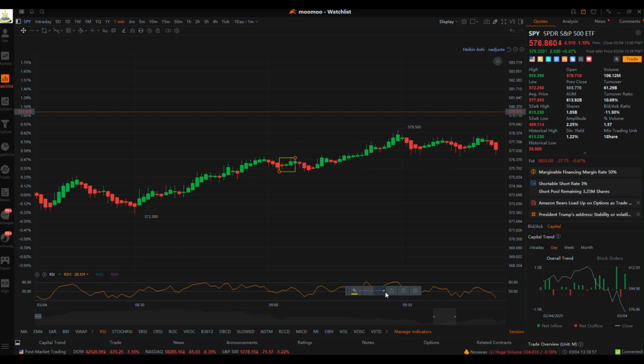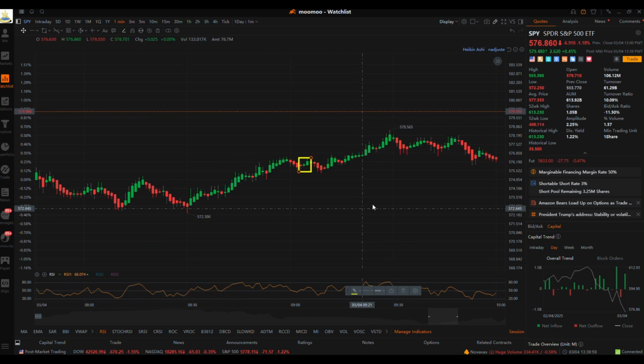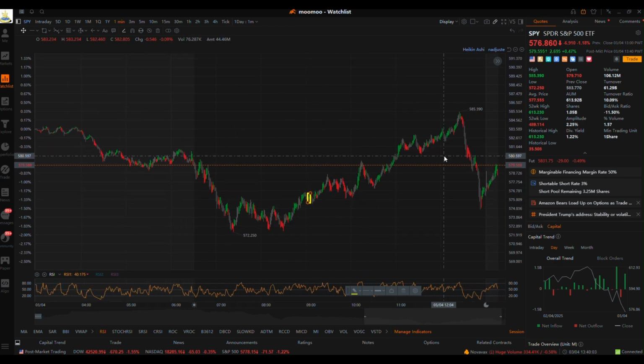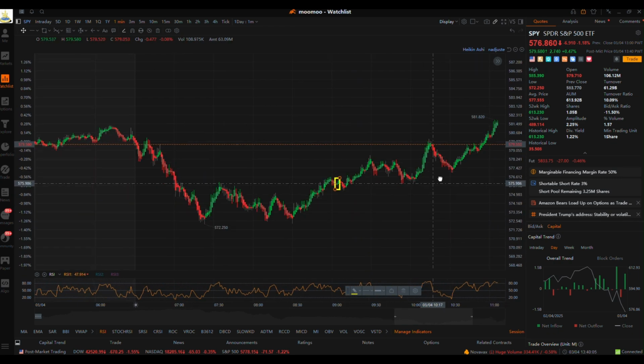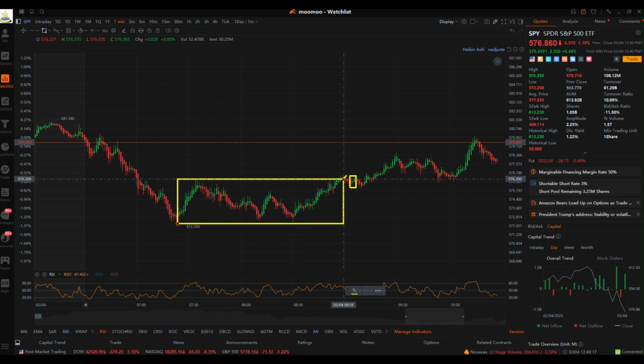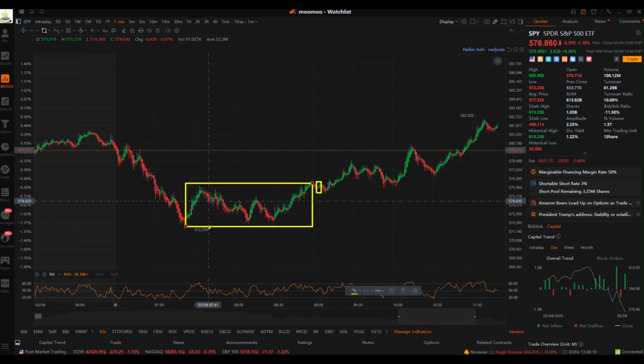So we found the signal that would tell you that it's going to be bullish for the rest of the day. Now, why doesn't it find it anywhere in here? That's because this is actually a consolidating period. This is where it's just going to bounce back and forth.